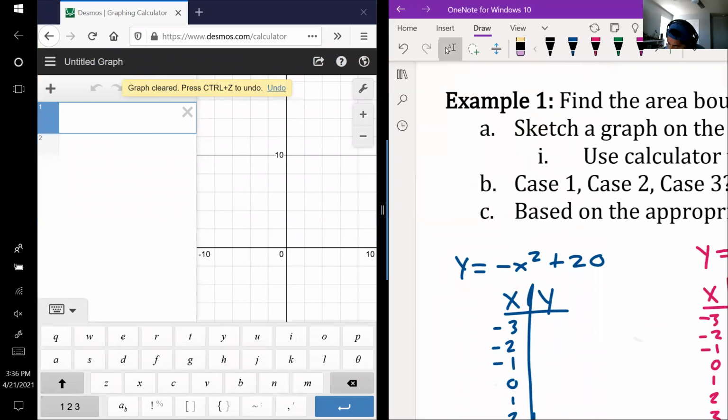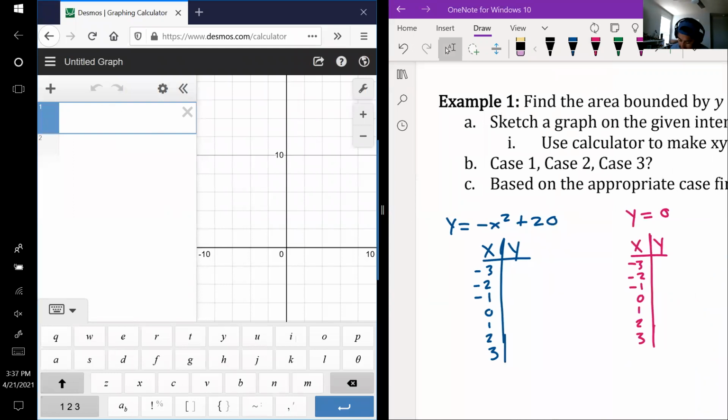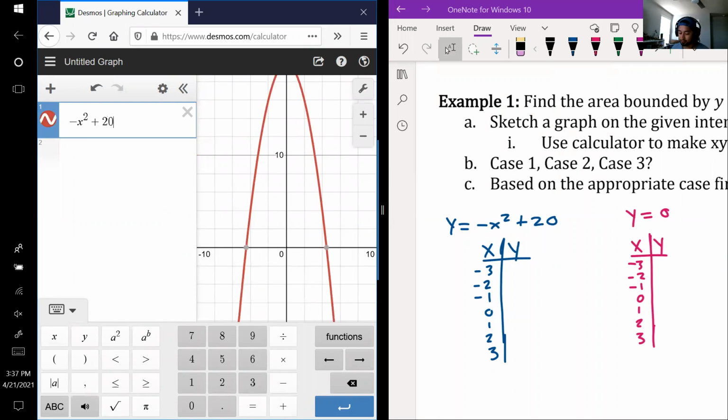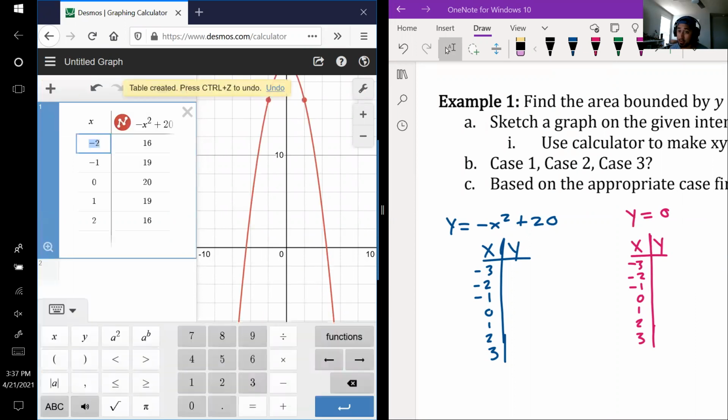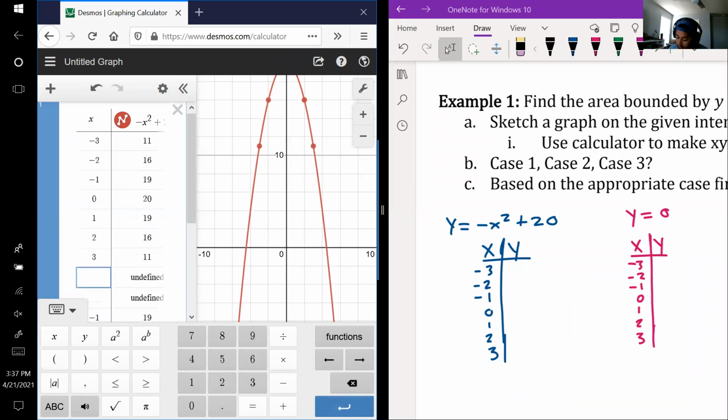So here I will start with negative x squared plus 20. And then I'm going to do my table, and we're going to go from negative 3 to 3. Oops, that's 23.